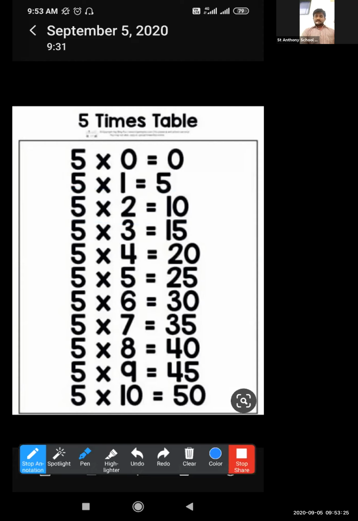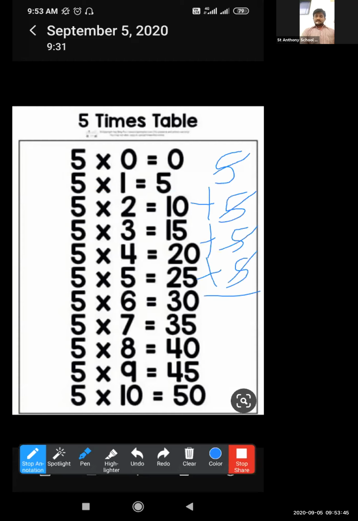After adding 5 four times, 5 plus 5 plus 5 plus 5. See, how many times have I added 5 here? Sorry, 4 times. 1, 2, 3, 4.